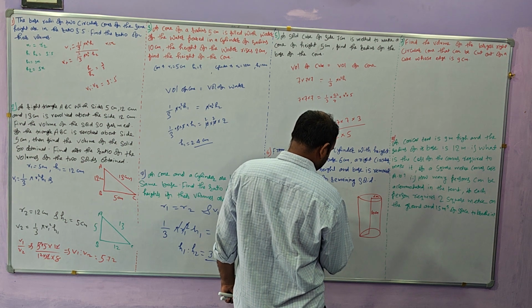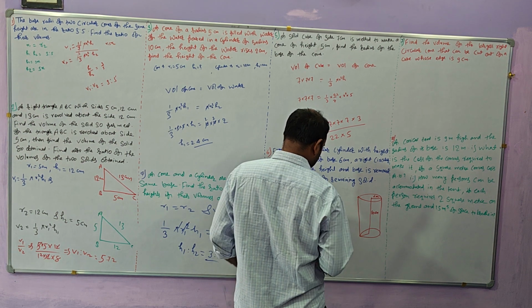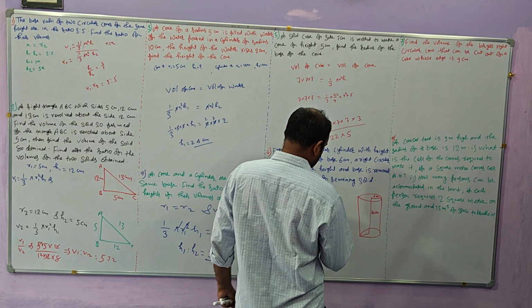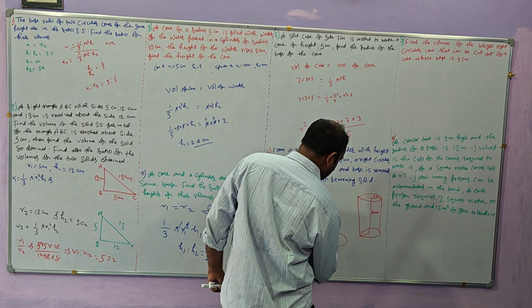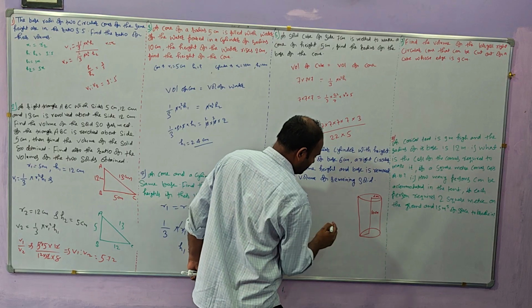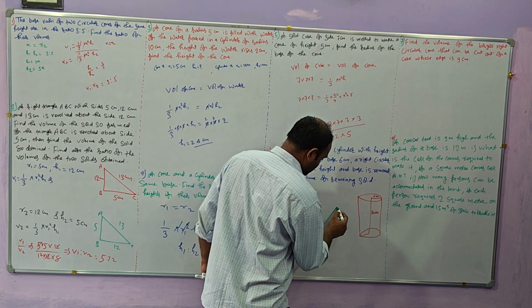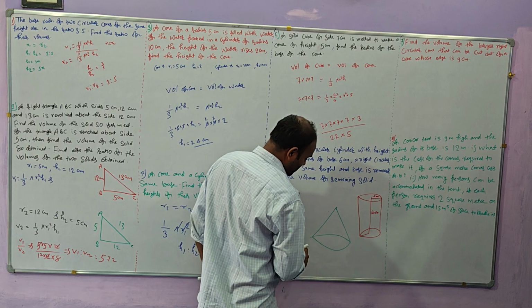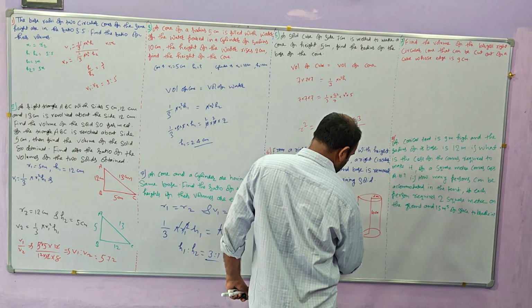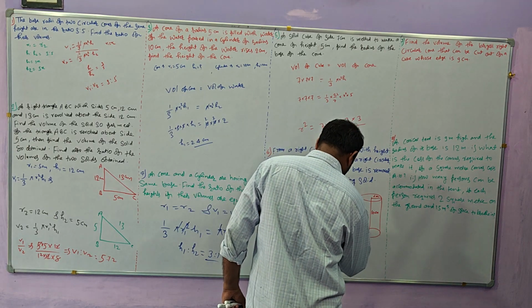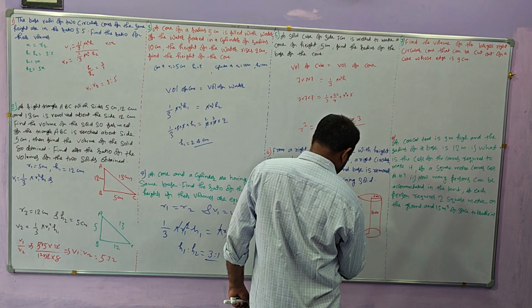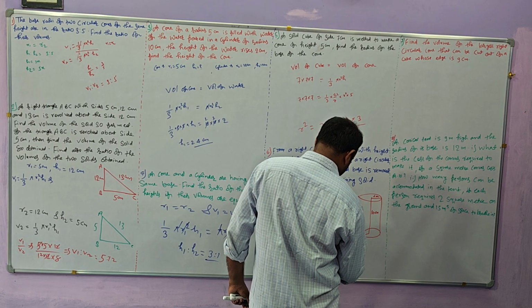That means its height is 10 and radius is 6.